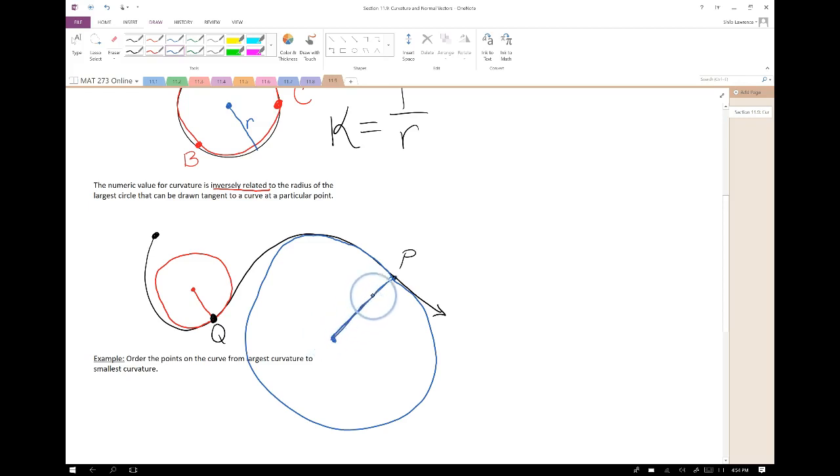That circle has a much larger radius, which means the curvature is much smaller. The circle at Q is much smaller, has a smaller radius, which means the curvature is much larger. This radius here is always drawn normal to Q.